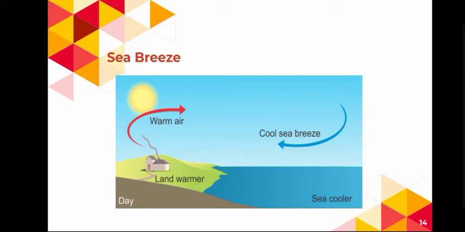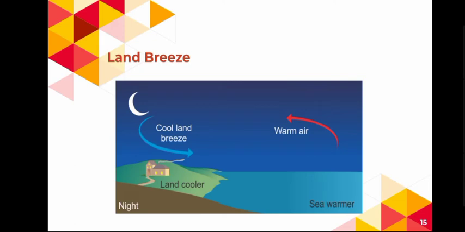The warm air from the land moves towards the sea to complete the cycle. The air from the sea is called the sea breeze. To receive the cooler sea breeze, the windows of houses in coastal areas are made to face the sea.